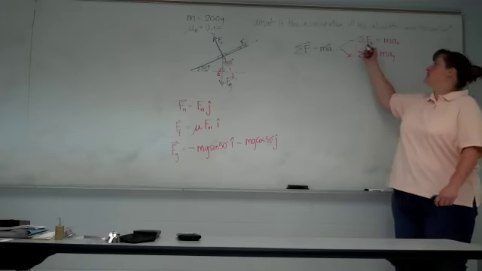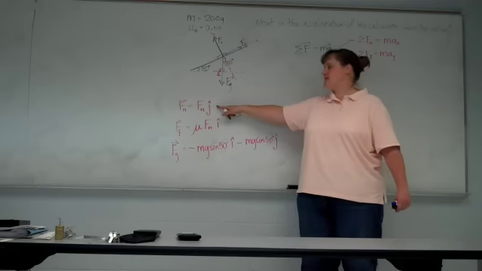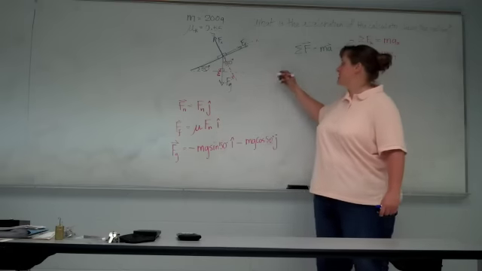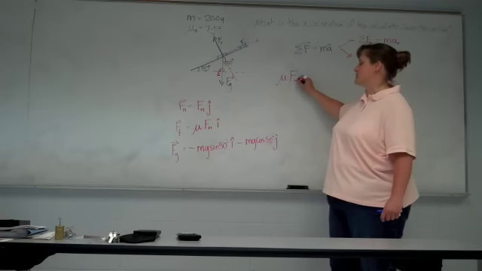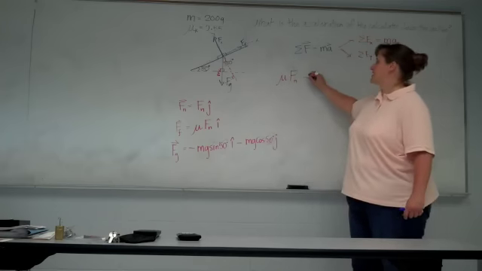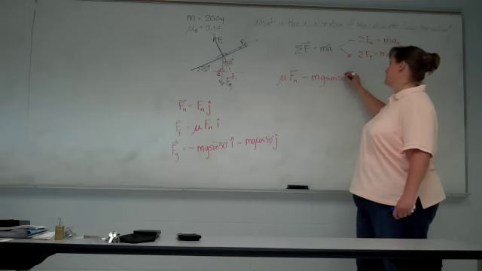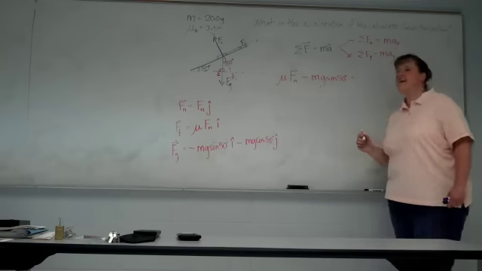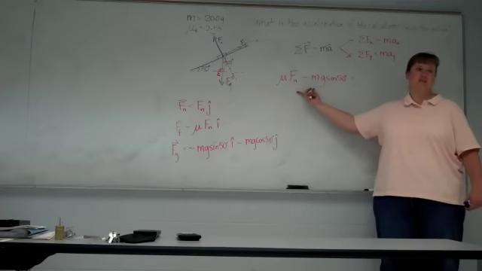Now, like we did before, we need to add up all the x components of the forces. So normal force doesn't have an x component. Friction has an x component. It's the coefficient of friction times the normal force. Gravity has an x component, negative mg sine 50. Those are all the x components. So this is the net force in the x direction.